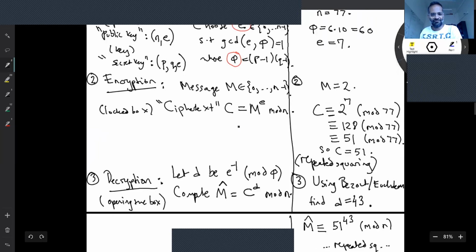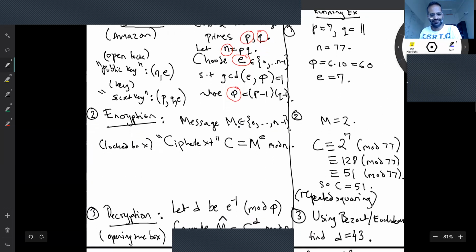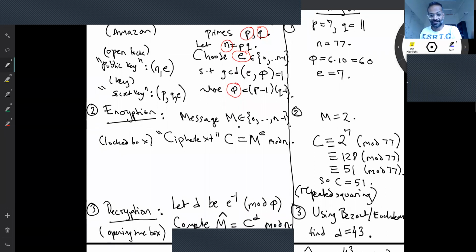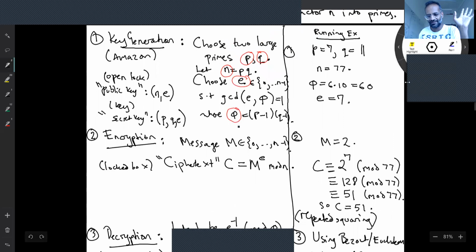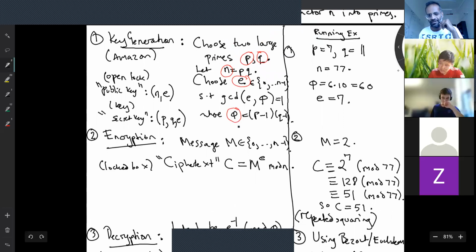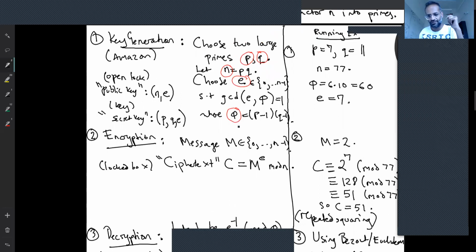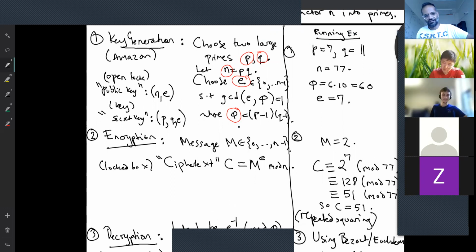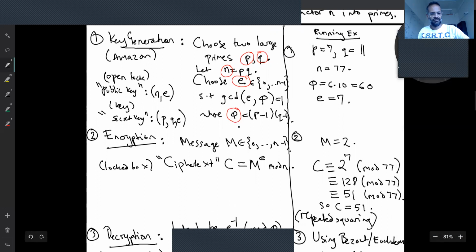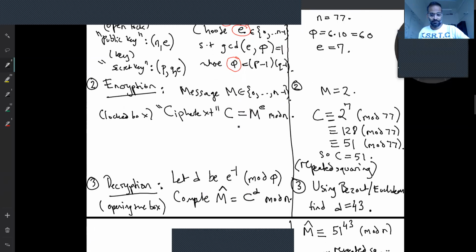Yeah, basically what Amazon does is it generates a new open lock every time it does a transaction. I haven't told you how you choose two large primes, but there are ways to do that too. Every time you do this, you generate new primes and new keys. For every transaction, Amazon is sending you this public key, and then you're doing this little computation and sending them back this ciphertext.